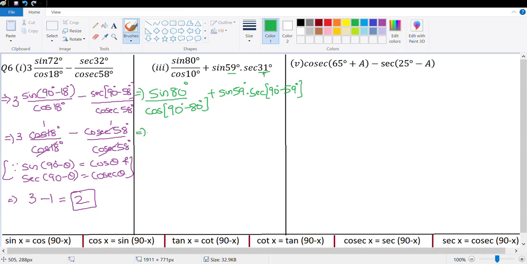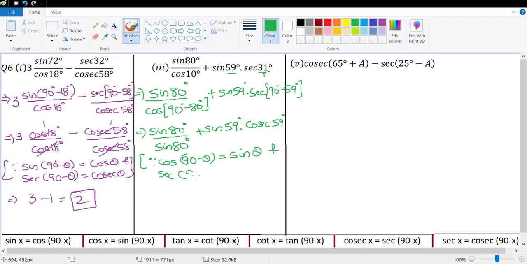So this becomes sine 80 degree upon cos 90 minus theta, which is equal to sine theta, so sine 80 degree plus sine 59 degree dot sec 90 minus theta, which is equal to cosec theta. So cosec 59 degree. Reason: since cos 90 minus theta is equal to sine theta, and the second one was sec 90 minus theta is equal to cosec theta.